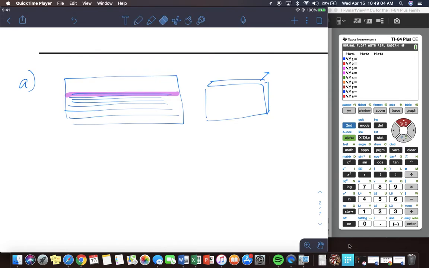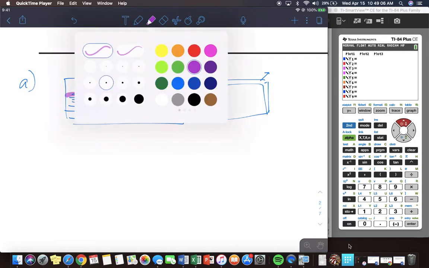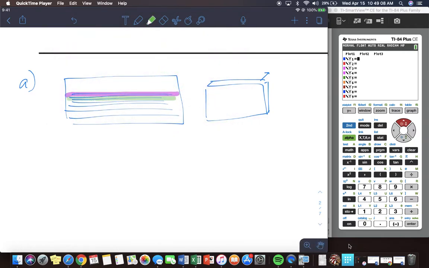But if we take each of these 52 cards and start adding them together, then we can find the volume of that deck of cards. One of the ways that we talk about adding up infinitely many things is an integral.